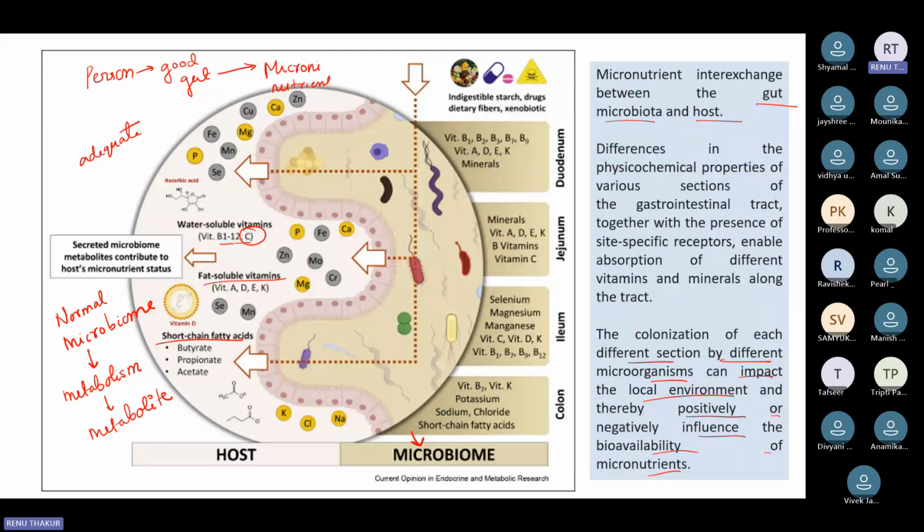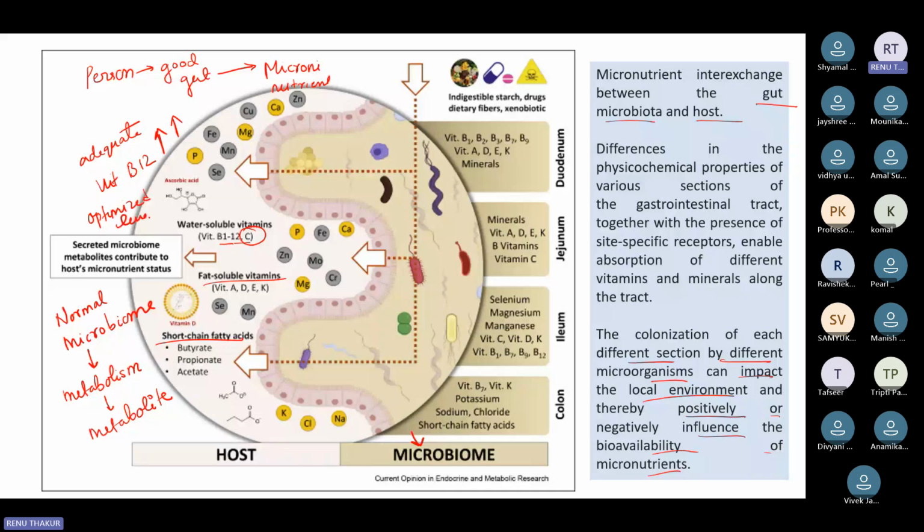Like if they all together synthesize only vitamin B12, then what will happen? Vitamin B12 will be synthesized in an excess amount. So anything below the optimized level or above the optimized level is always harmful. We require an optimized level.